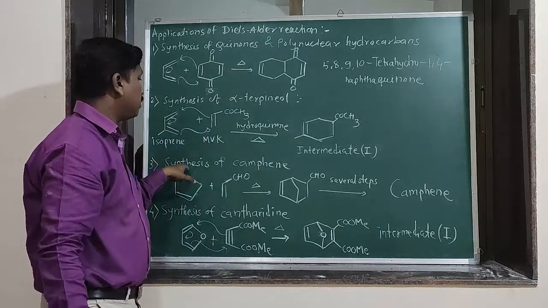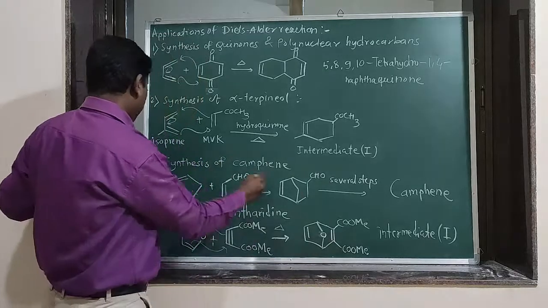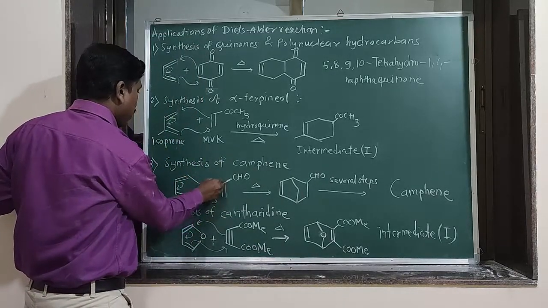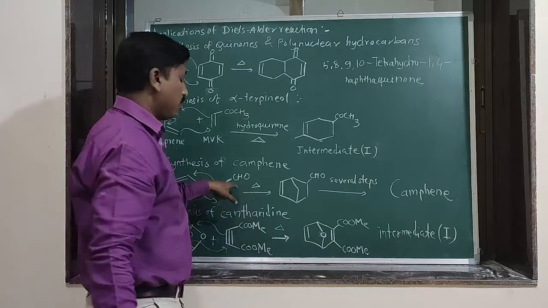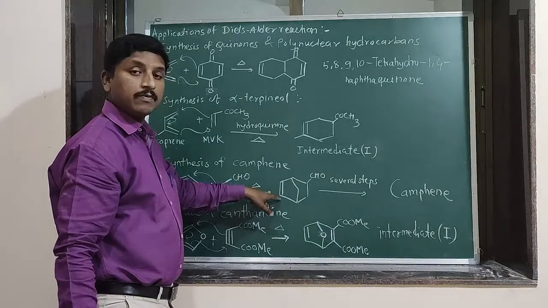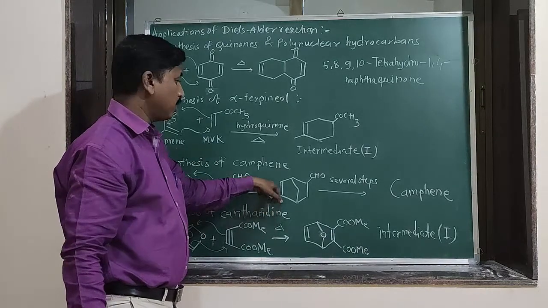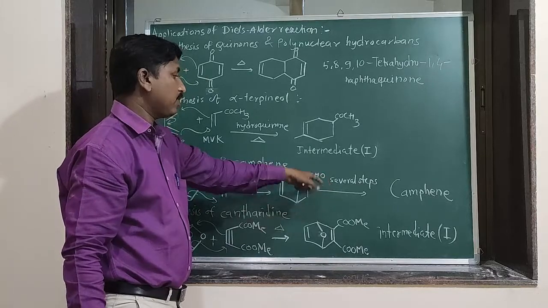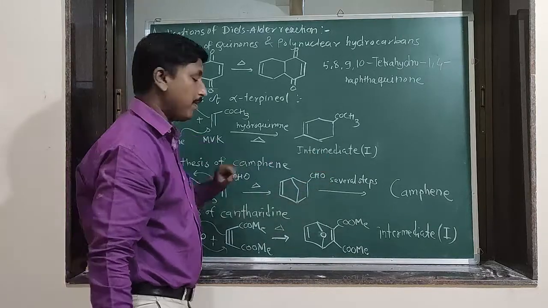Next one, the synthesis of camphor. This is cyclopentadiene, reacted with vinyl aldehyde, and it forms such a cyclic product, which undergoes several steps and forms camphor.